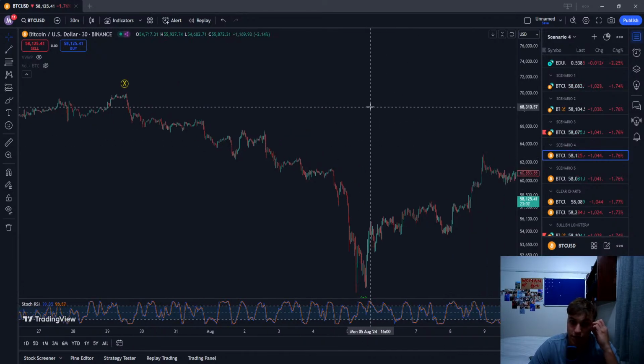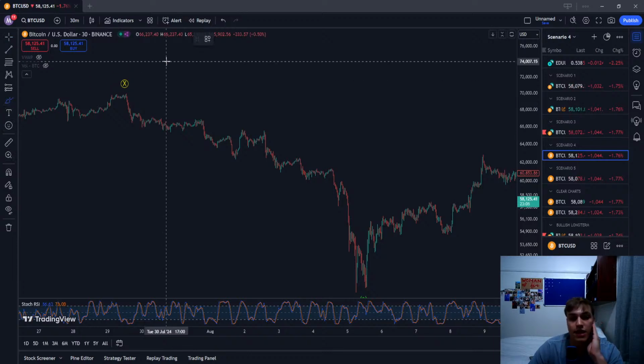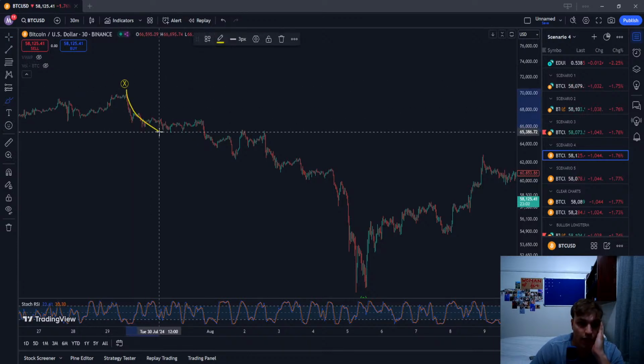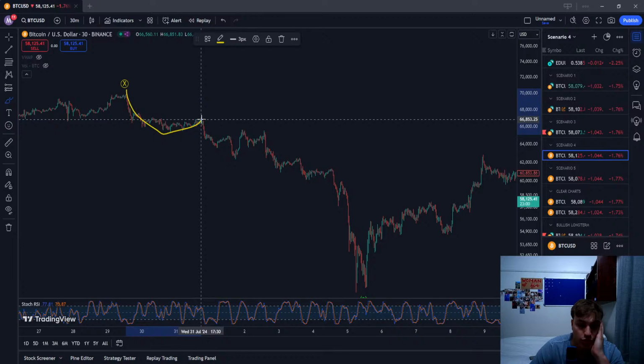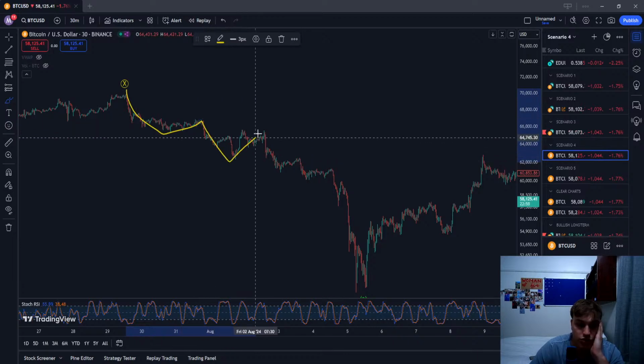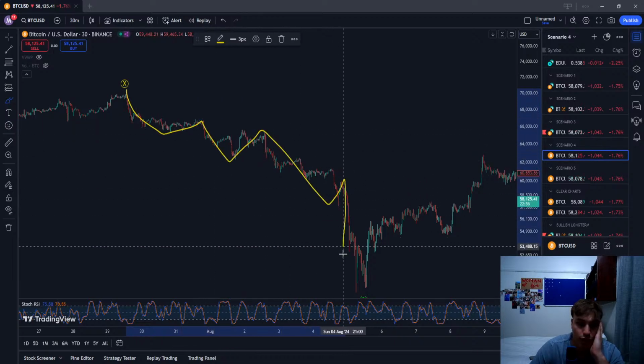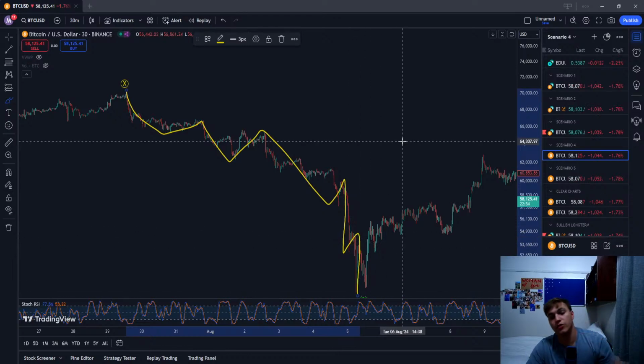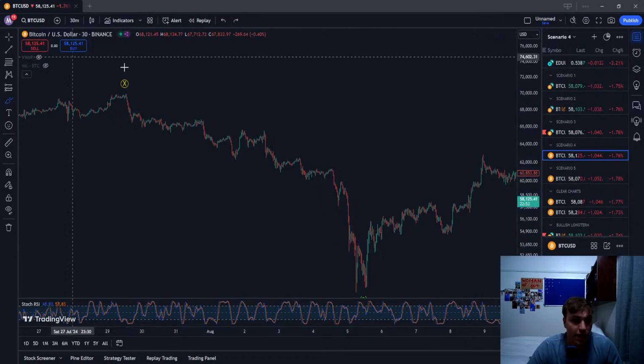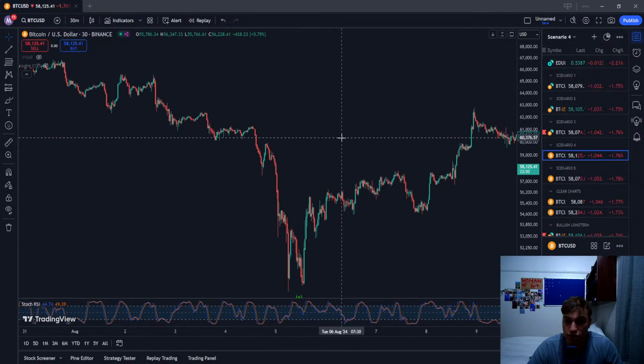So for me, it looked somewhat of a diagonal, but it was okay. A 1, 2, 1, 2, 3, 4, 5, 4, 5. So that was how and the reason why I counted it as a 5-wave structure.